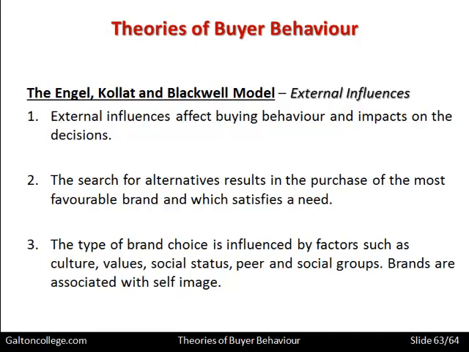It simply sets out a set of processes, a buying process, a set of steps that we follow, and we evaluate information, the types of information and the search processes and so on, until we get to the stage where we make the decision to purchase.